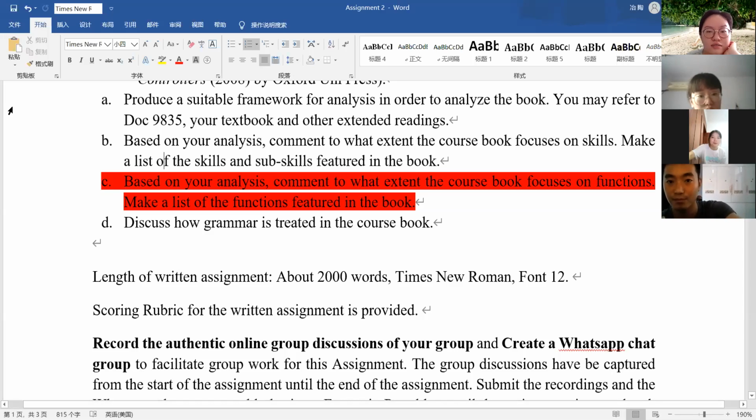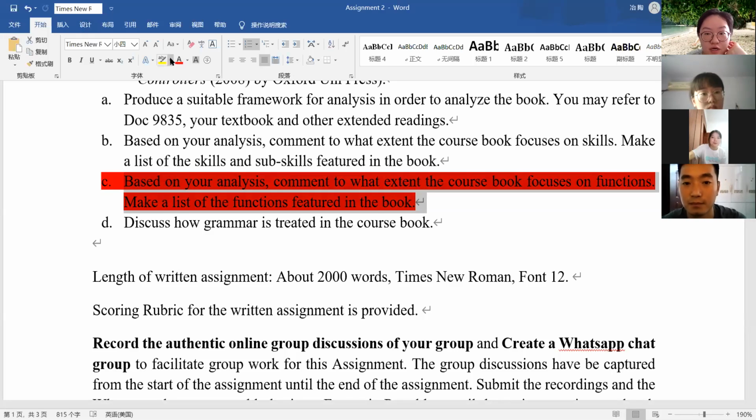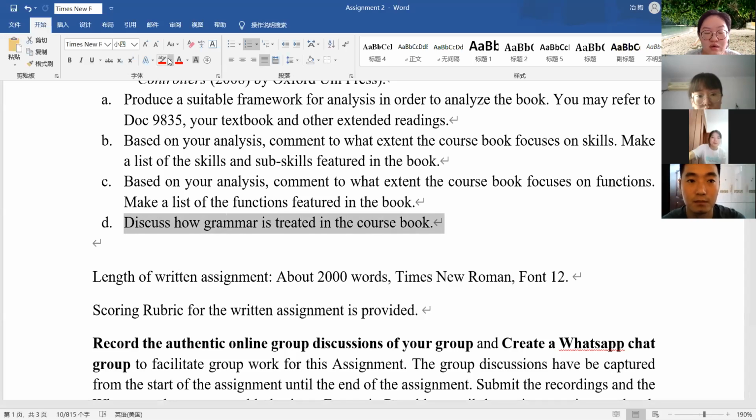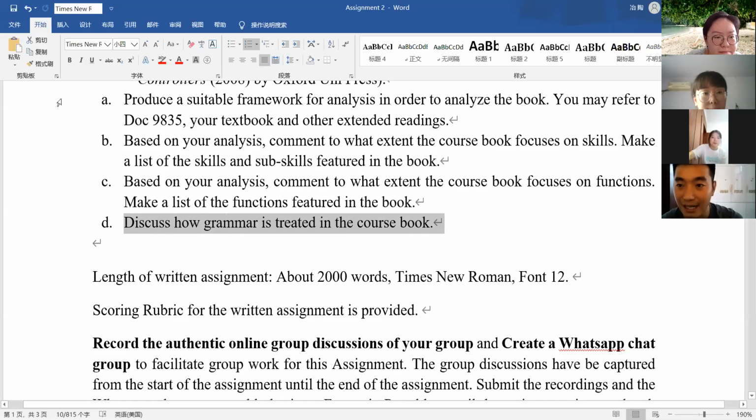Okay, thank you. From your draft, I know you say the language has 5 functions, but you just explain 4 functions. Why don't you explain the other one? The other one is the ethic function. In my opinion, I cannot find evidence for the ethic function in the whole course book.